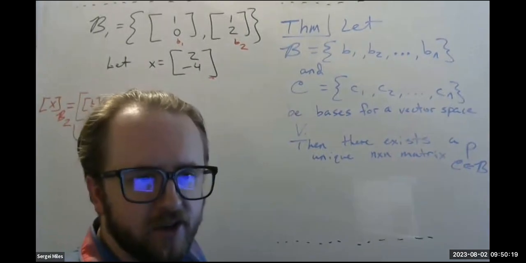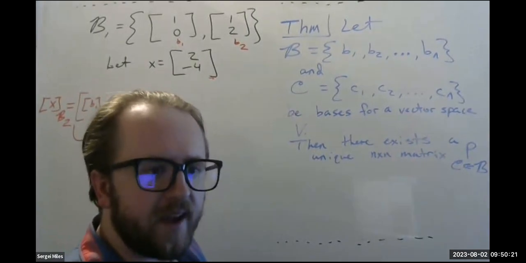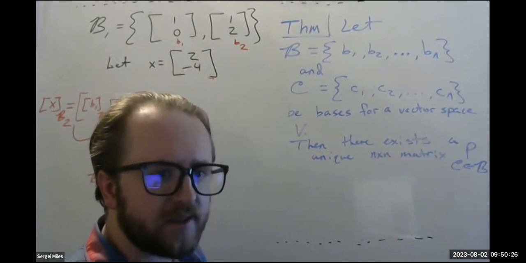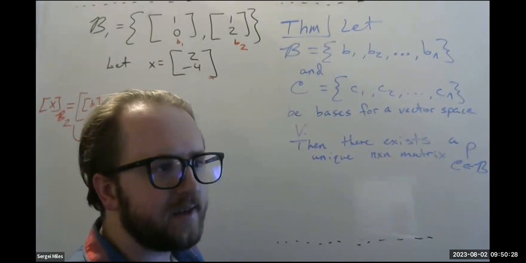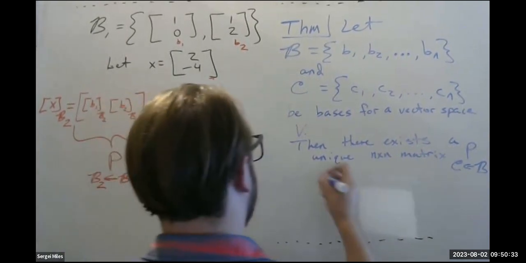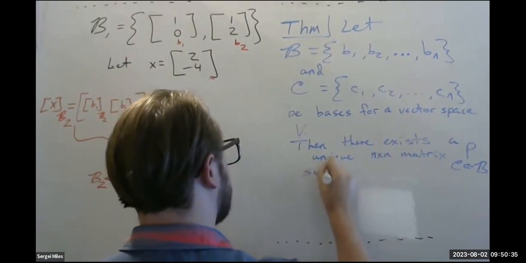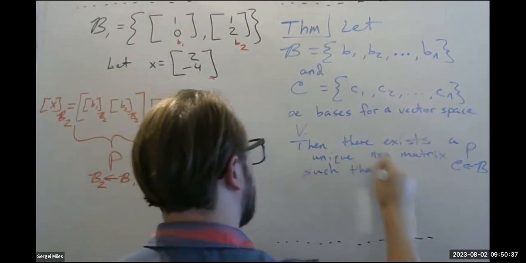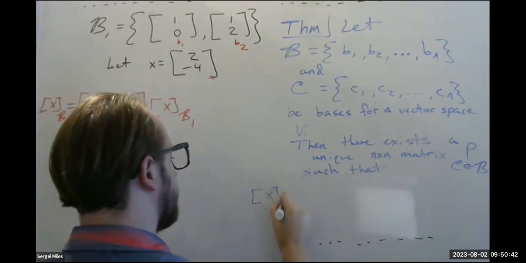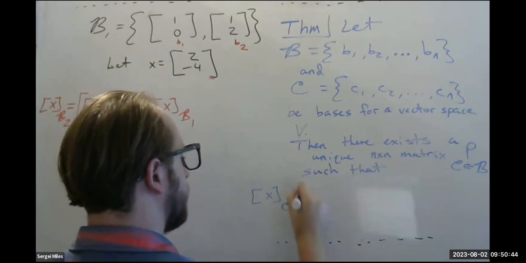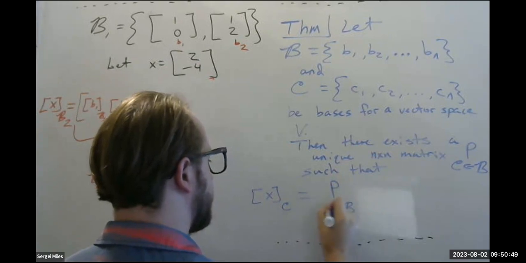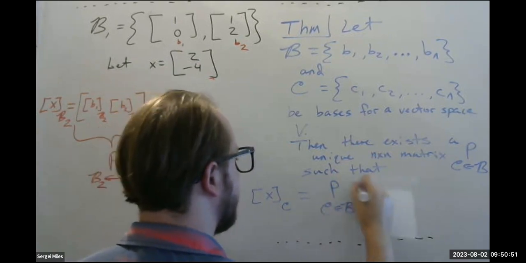Okay, let me make sure it's still on the screen. It is, great. Then there exists a unique n by n matrix, P from B to C. What does this matrix do? Well, this is the matrix that transforms, let me just write this out and we'll talk about it.